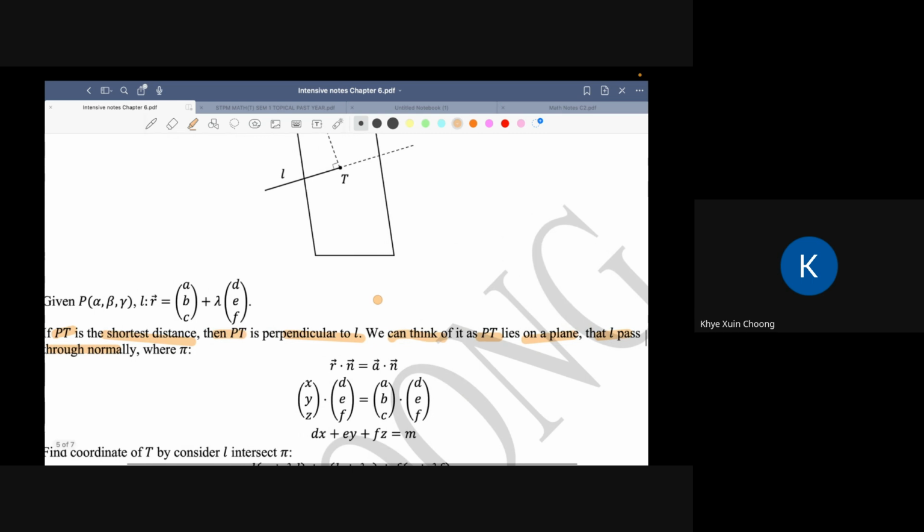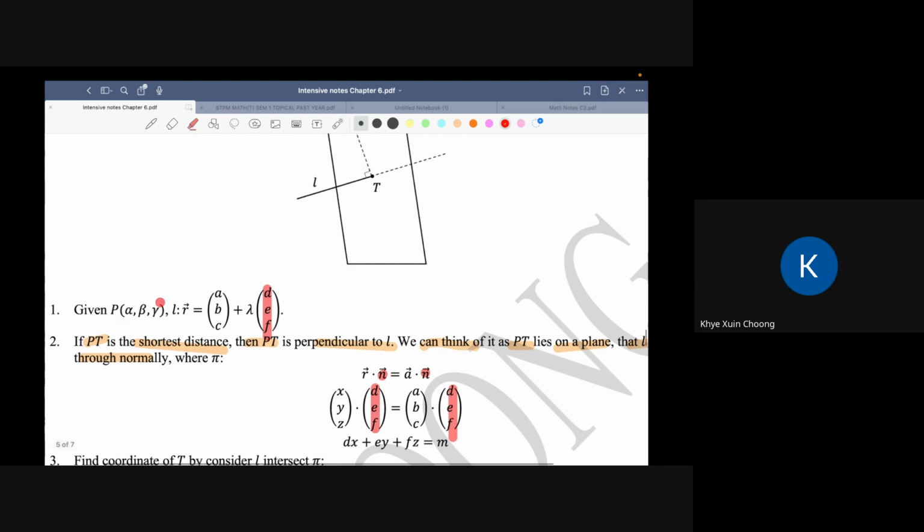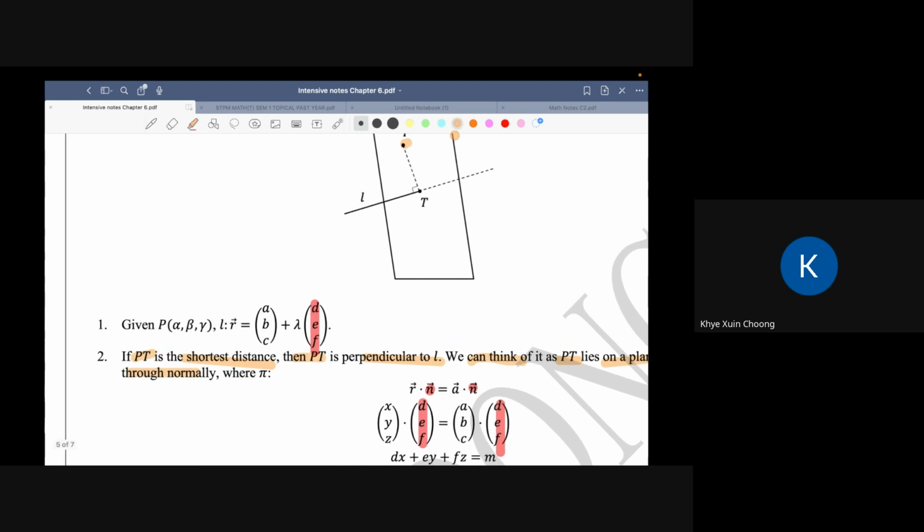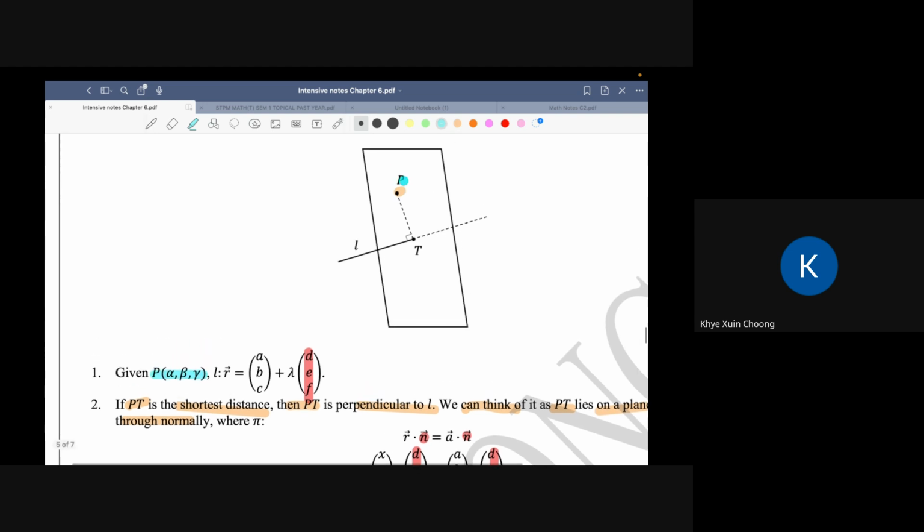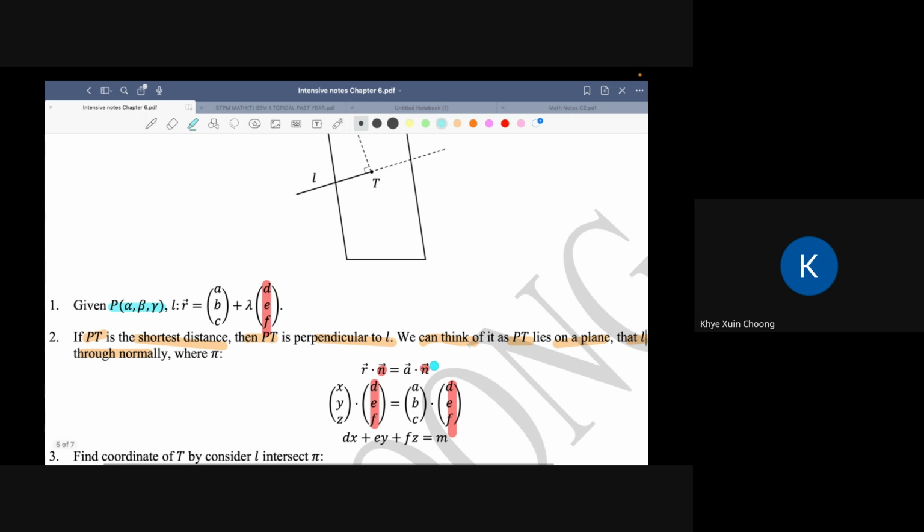So the direction vector of the line, which is DEF, should be the normal vector of the plane. Then one of the points on the plane should be the point that is given. So we have one point on the plane which is P, right? So we can put this point as the position vector.